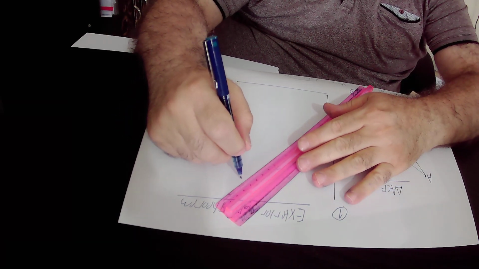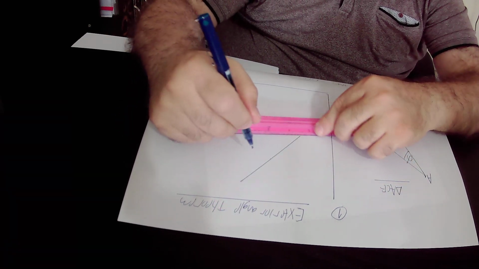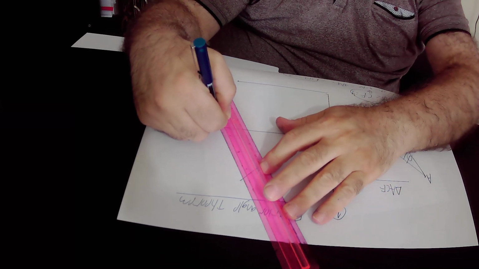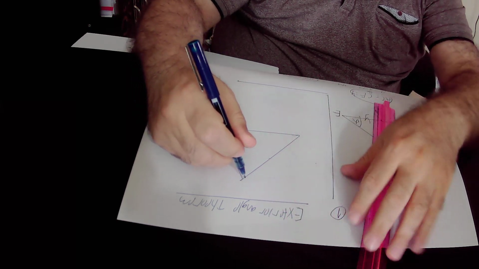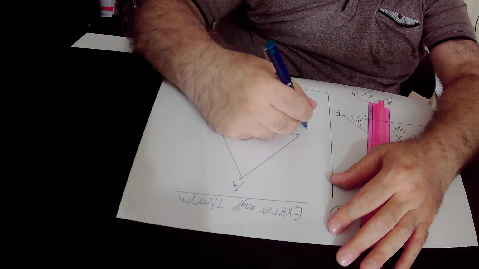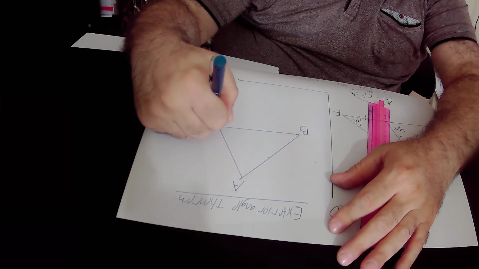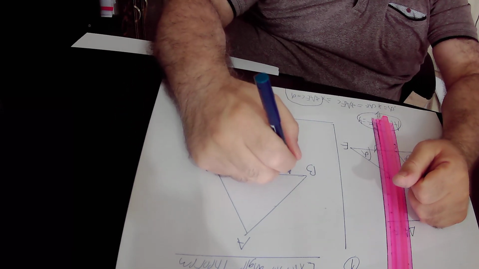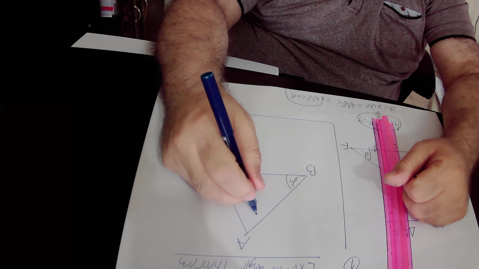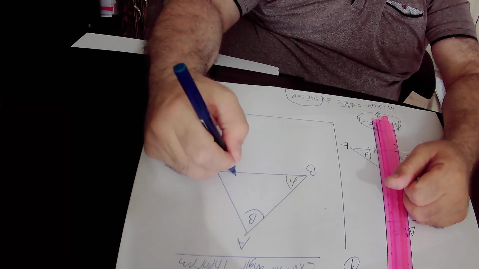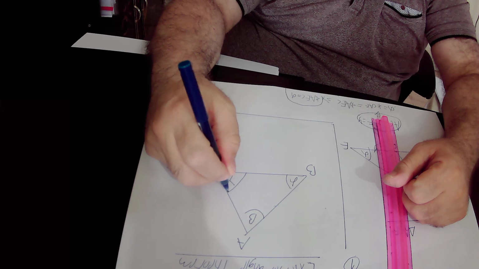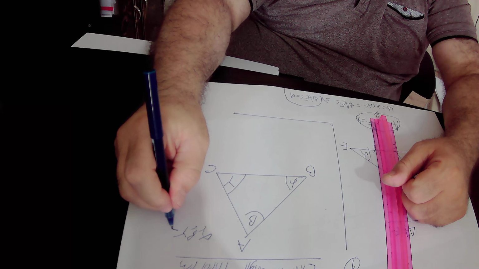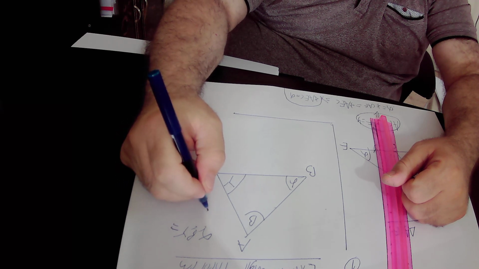if we have triangle ABC that could be any triangle, this is triangle ABC. This angle equals alpha, this angle equals beta, and this angle equals gamma. So here angles alpha, beta and gamma are defined as interior angles of triangle ABC.